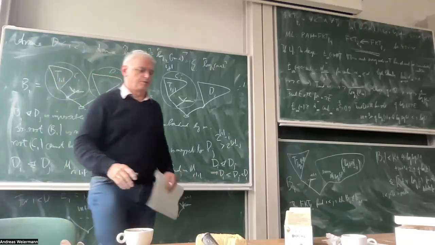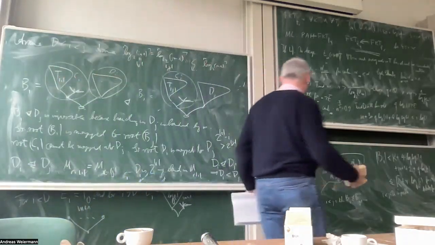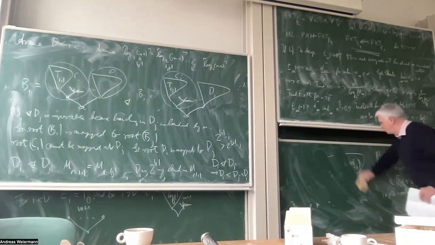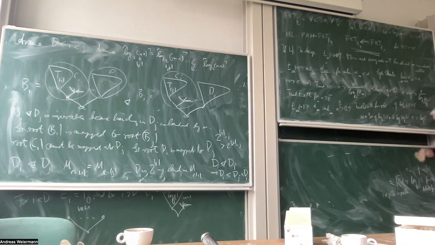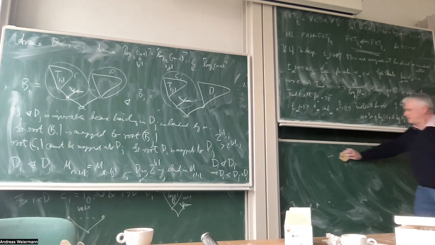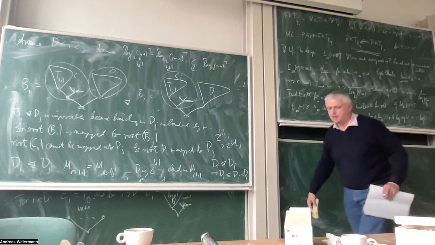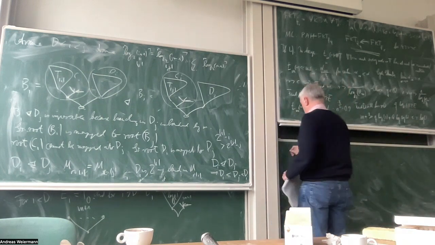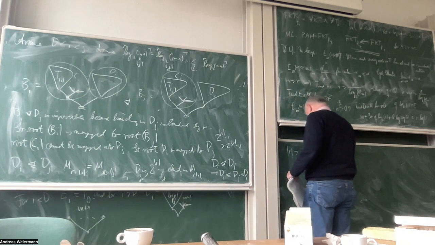So what is going to happen? It's going to happen that finally, we have the case that prime length of i is bigger than, j is bigger.